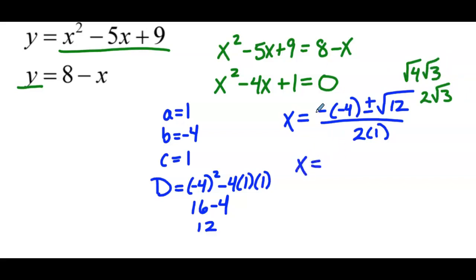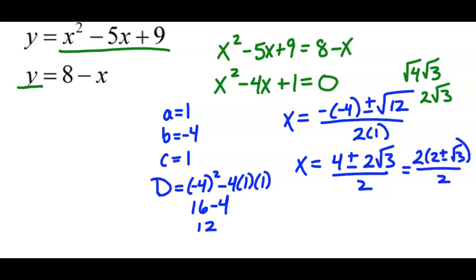So simplifying, -4 is +4, plus or minus 2 times the square root of 3 all over 2. In the numerator, we can factor out a 2. 2 plus or minus the square root of 3 over 2. The 2 in the numerator and the denominator simplify. And we have x equals 2 plus or minus the square root of 3.